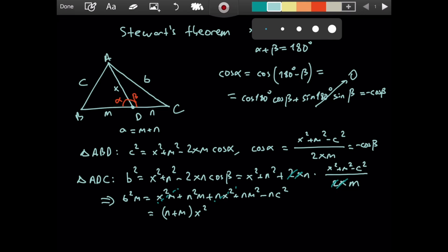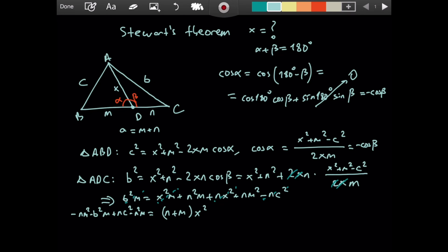So we're going to have b squared m plus nc squared. We are done with these two terms. Then we subtract negative n squared m, and then let's put it here, negative nm squared, and then a plus. So we are done with these two terms as well. Cool.